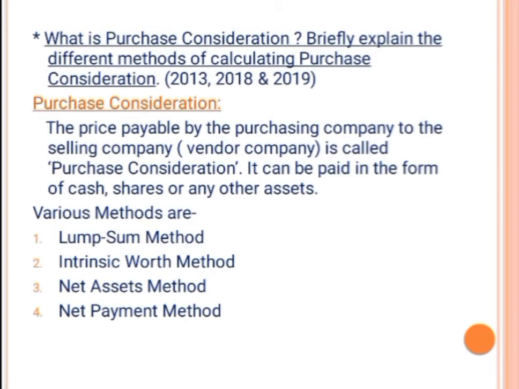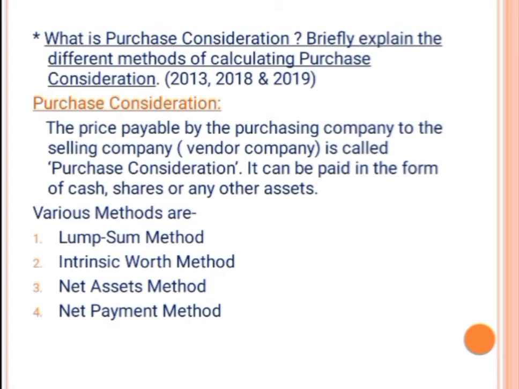Then going to the last method, that is net payment method. Under the net payment method, as I said in the meaning, the purchase consideration can be paid in the form of cash or in the form of shares or even in the form of assets. Okay, in the question, if you are given the information specifically about all the methods of making the payment, that is, in the form of cash how much is given, and how many shares are issued of how much face value, or any other assets given, when you add all those items, you will get the total, and that total is called the net payment method.